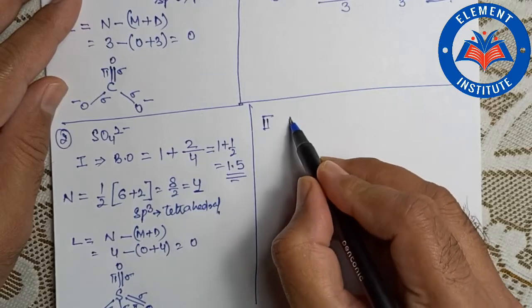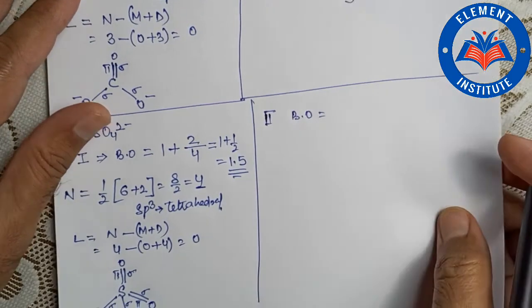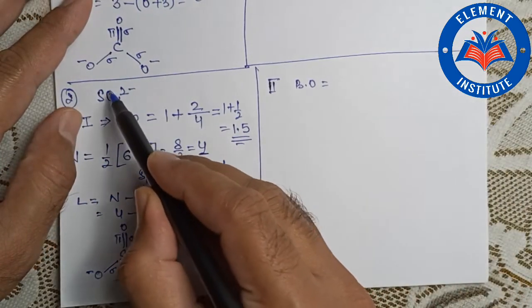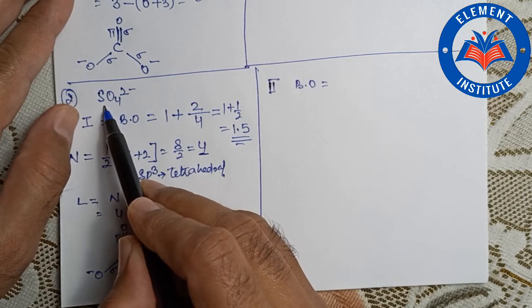By the second method, the bond order will be equal to, yes, in this case there are 4 oxygen atoms which are directly attached to sulfur, so it will have 4 resonating structures.